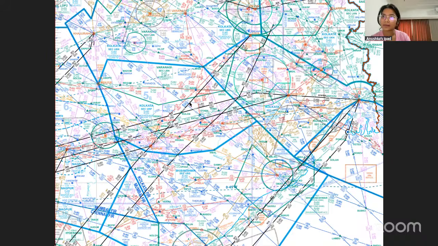So there is a legend. Legend means how to decode a chart. When we go through the legend, everything becomes very easy. So we just need to know the different elements. The main elements that we have to use in the chart would be the departure aerodrome, the arrival aerodrome, the route that is mentioned on the flight plan.